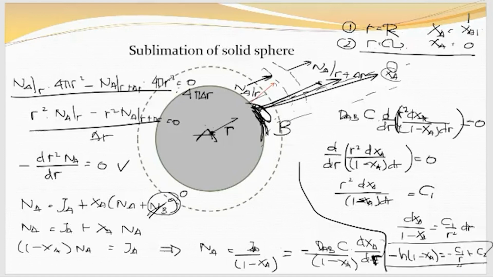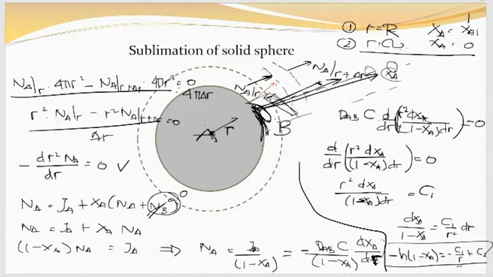At a certain position, for example here, we have compound A at high enough concentration, so the XB should be a bit low. And then over here, the XB will be high, and so on. But because the air has significantly higher volume than the compound A, the air can be assumed as stagnant. Just stay there.